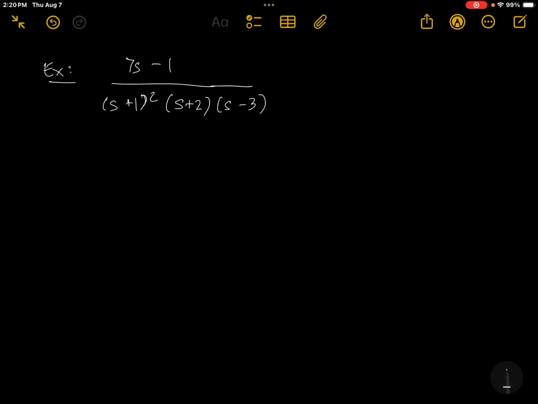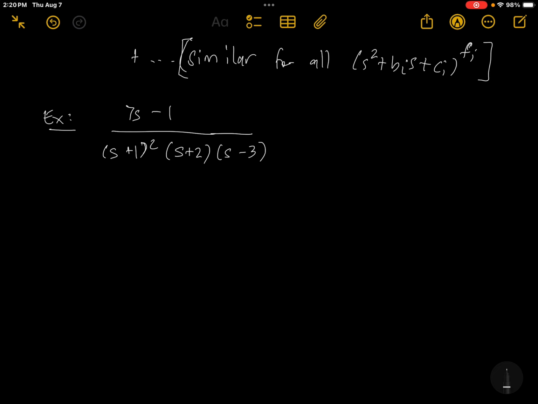First of all, the degree of the denominator is 4, because you have this s squared times s times s, so you get s to the 4th. That's the biggest power you're going to get. And the numerator has degree 1, because it's 7s to the 1. And so you do have a scenario where you can apply partial fractions, because the degree of the numerator is less than the degree of the denominator.